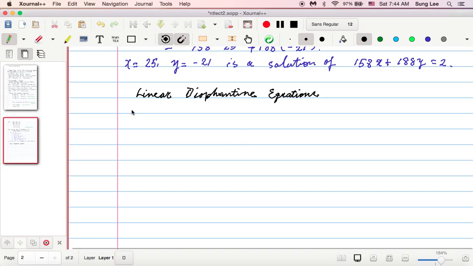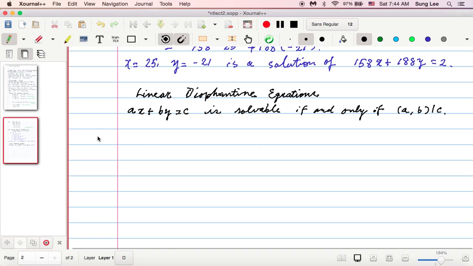Okay, I'm gonna repeat writing the statement. So ax plus by equals c is solvable if and only if the greatest common divisor of a and b divides c.